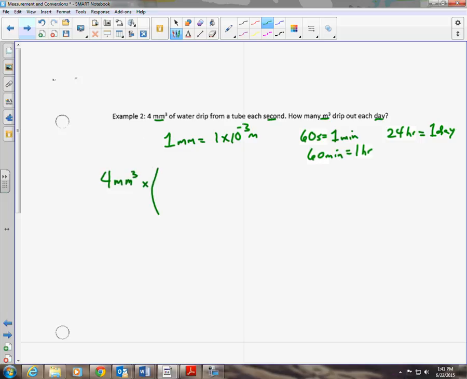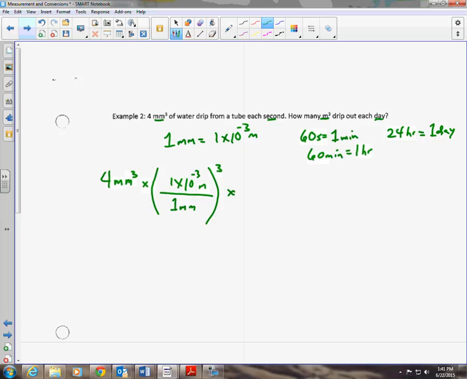Now, I'm going to use this conversion. I put 1 millimeter on the bottom and 1 times 10 to the minus third meters on the top. But that's not going to make it cancel. In order to make it cancel, I have to cube it. If I cube this whole thing, I'll have meters cubed on top and millimeters cubed on the bottom. So when you have something squared or cubed, you square or cube the whole conversion factor. That gives me meters cubed on the top, which is what I want.